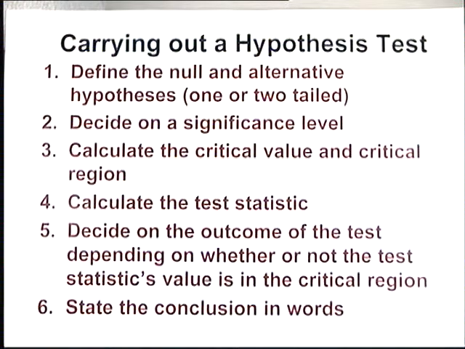I'll explain the 1 or 2 tail bit in a minute. Deciding on a significance level is usually done for you in the question, to be honest. Calculating the critical value and the critical region, calculating the test statistic, deciding on the outcome, and the important thing at the end is writing a sentence in words, not numbers, relating back to the original context of the question.